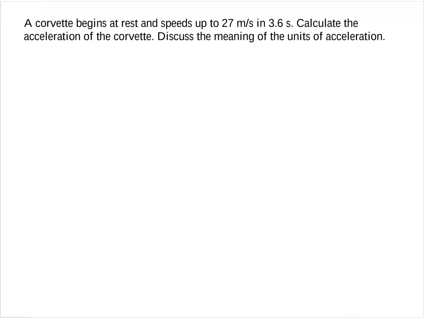Okay, so I have a delta t and I have at rest. So 0 would be the velocity initial. And at the end of this process, we have a velocity final of 27 meters per second. Okay? So I can calculate my acceleration in the x direction, which would be delta v in the x direction over delta t.